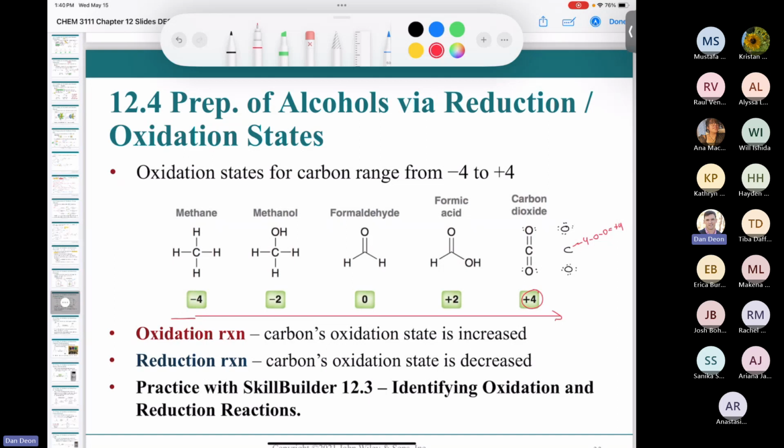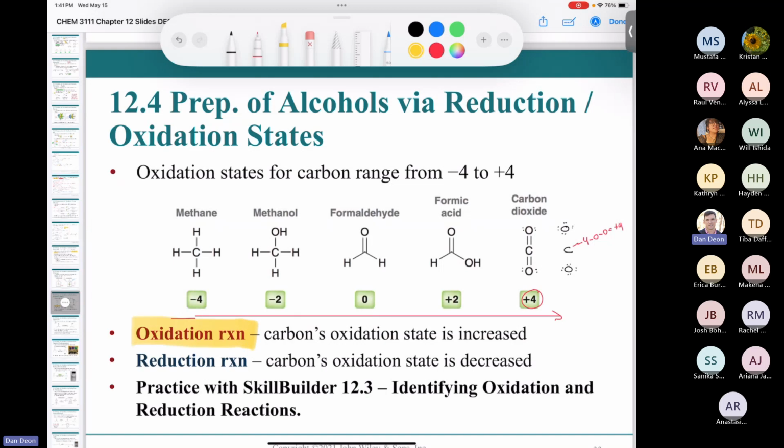So there you go. It took you what, a whole semester and a day or 2 of lecturing in organic chemistry 2 to figure out how to calculate the oxidation state of a carbon atom. So now what you need to remember is that oxidation is occurring when the number becomes more positive. If the oxidation state is increasing, that's oxidation, right? Oxidation is losing electrons.